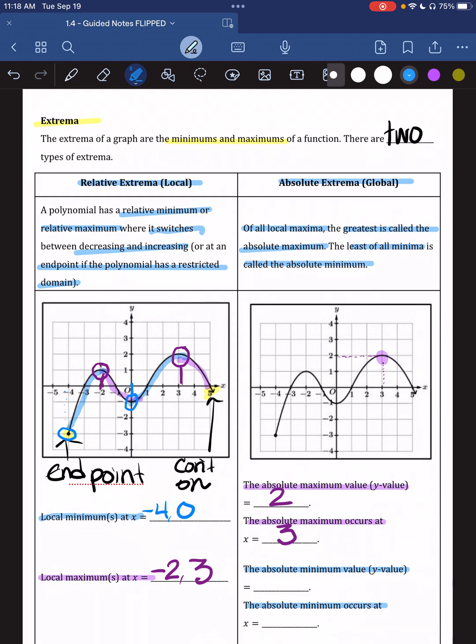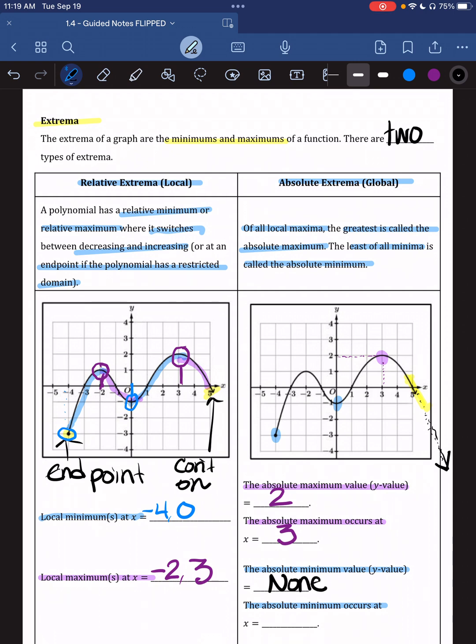Now, we see we have a minimum here, and we have a minimum here. However, what we need to recognize is that this graph with this arrow here is continuing downward forever, all the way to infinity. Because it's continuing downward, we have to assume that the y values are getting smaller and smaller, more negative as I continue to go down, meaning that there is no absolute minimum.